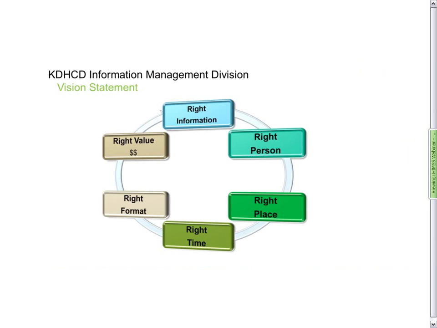And in line with that, we always have our vision statement for our information management division that we try to align all of our projects and processes through, and so it's having the 6 rights. So definitely virtualization, as well as wireless and mobile devices, are all in alignment with these 6 rights.